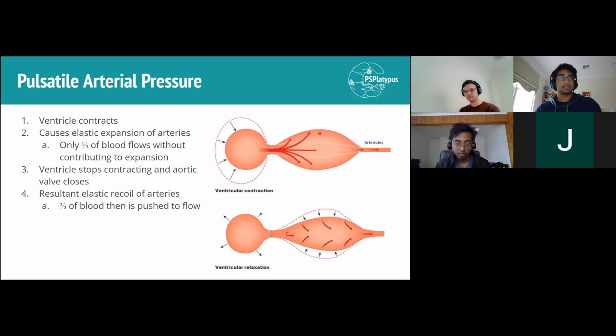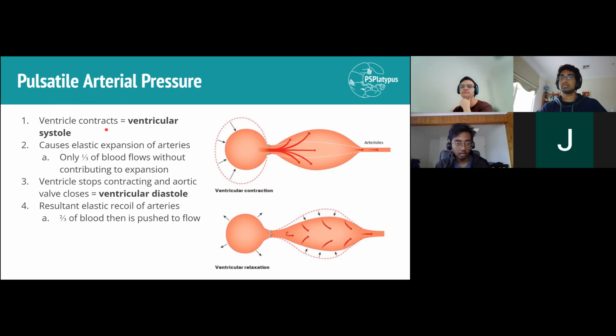And once the ventricle stops contracting and blood pressure decreases, the resultant elastic recoil of these arteries causes the remaining 2/3 of the blood to be pushed to continue flow. So this allows us to have relatively consistent blood flow, regardless of the pumping manner of the heart.